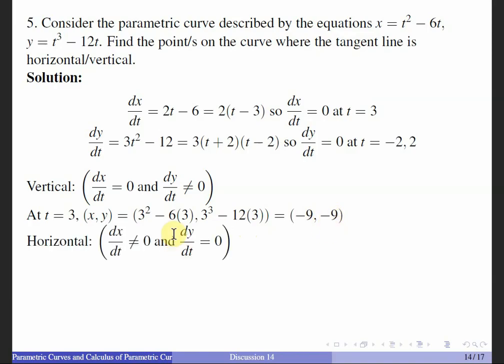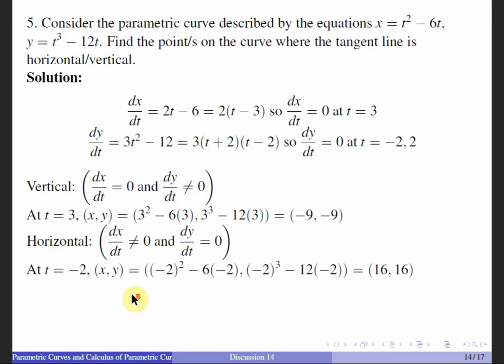Next, for the horizontal, dx over dt cannot be equal to 0 and dy over dt is equal to 0. So we just need to plug in the t's that will make dy over dt equal to 0. So we have t is equal to negative 2.